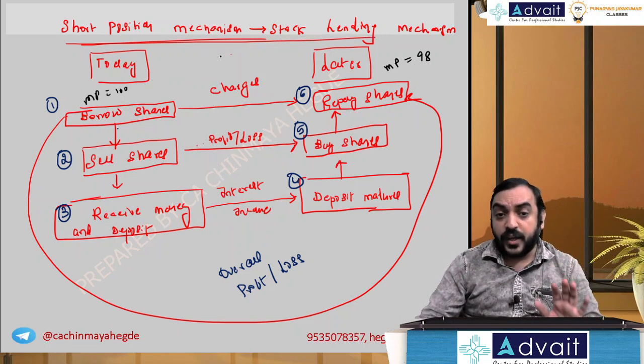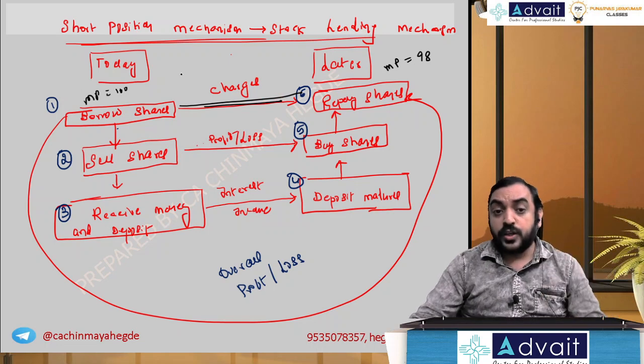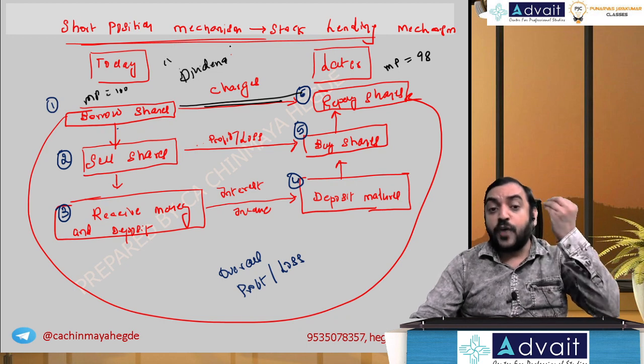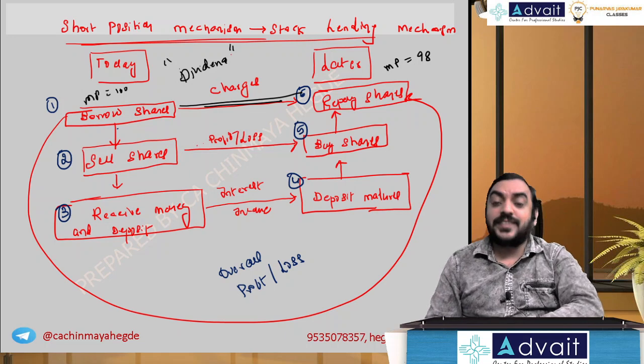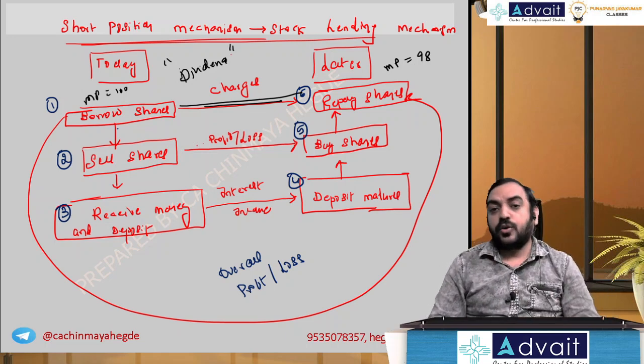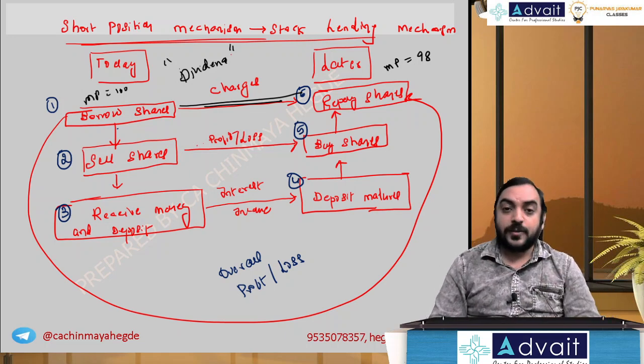So, very importantly, the borrower should pay the lender the dividend. You might not get the dividend, but you have to pay the dividend amount to him because that is a compensation that the lender should be given.